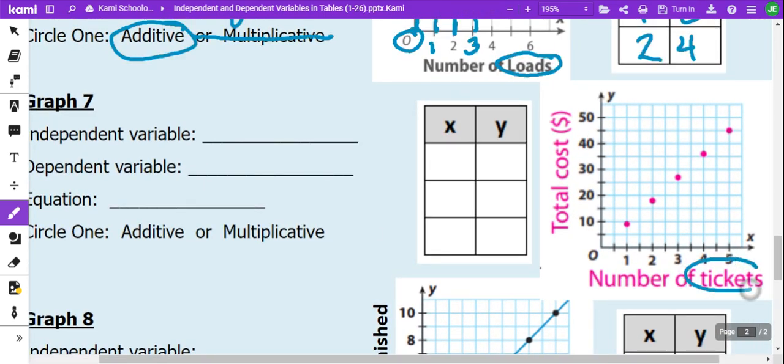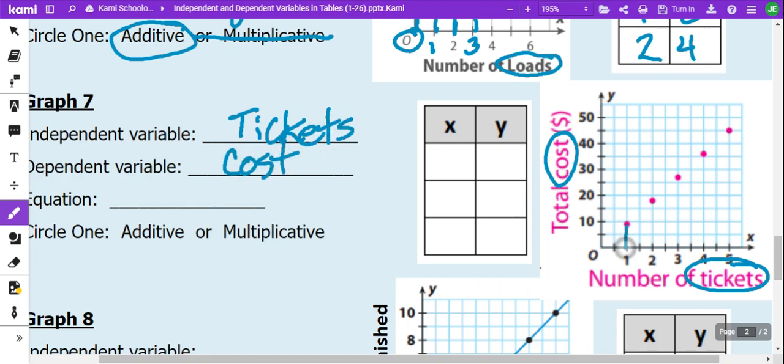So it looks like we have tickets and cost. 1, 9, 2, 18, 3, 27.